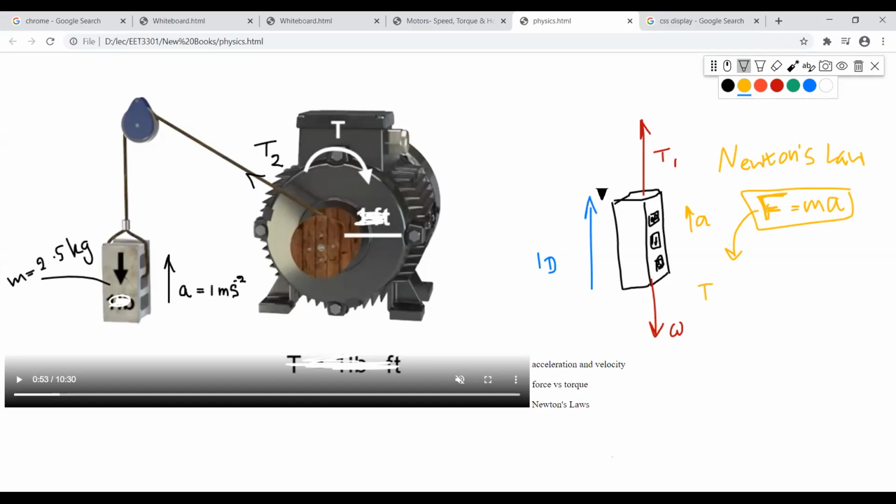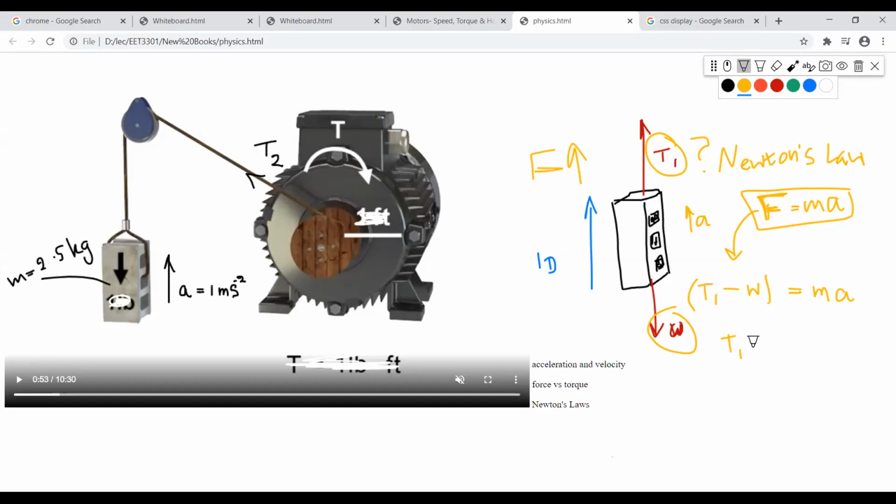If I assume the resultant force is in this direction, it is equal to the vector summation of these two, which means T1 minus W, the weight. That is F, and it should be equal to M times A, and I'm going to substitute these values. T1, of course, I don't know. That is what I am going to find.